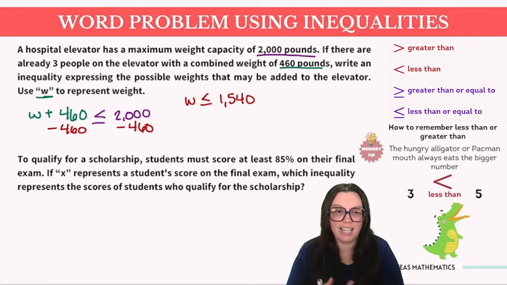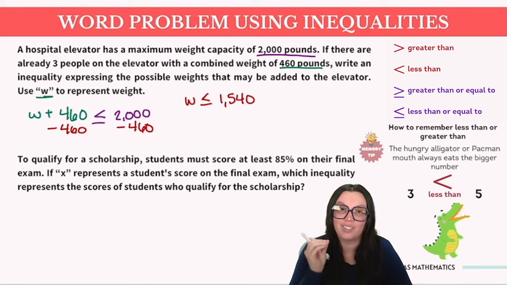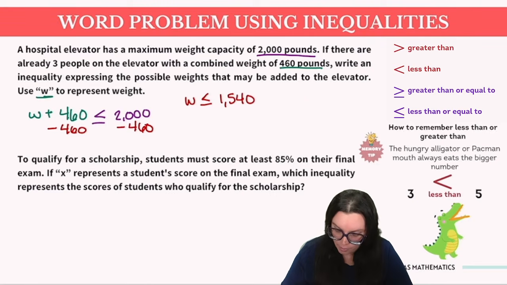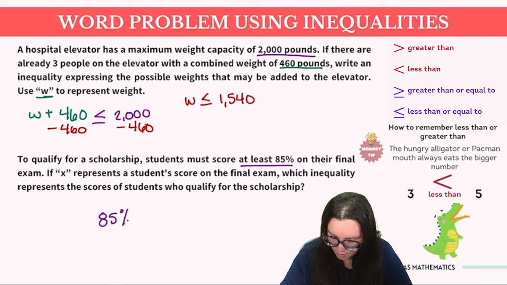Our next example states, to qualify for a scholarship, students must score at least 85% on their final exam. If X represents the student's score on the final exam, which inequality represents the score of students who qualify for the scholarship? So as we know, these students have to have at least 85% on their exam. So we're going to put 85% over here on the right side of our equation.